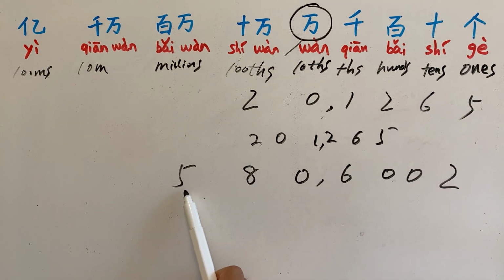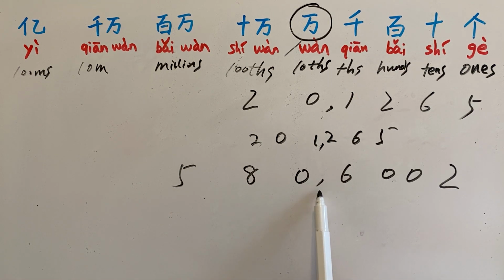So 580, in Chinese it's three numerals, three digits, and this comma is 万, not 1,000 as it is in English.